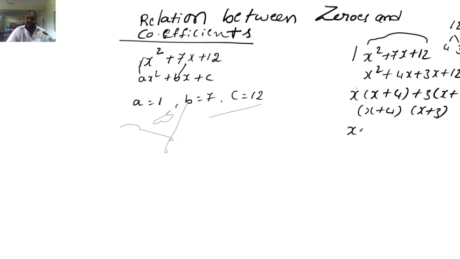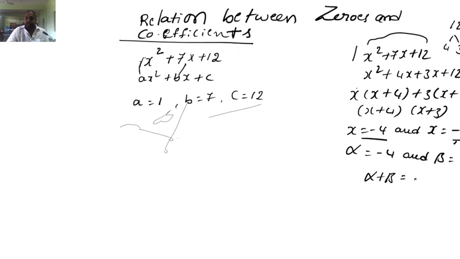So x is equal to minus 4 and x is equal to minus 3. That means alpha is equal to minus 4 and beta is equal to minus 3. Suppose alpha plus beta, adding these two roots, minus 4 plus minus 3, that is equal to minus 7.